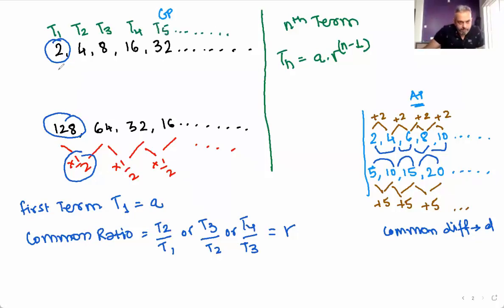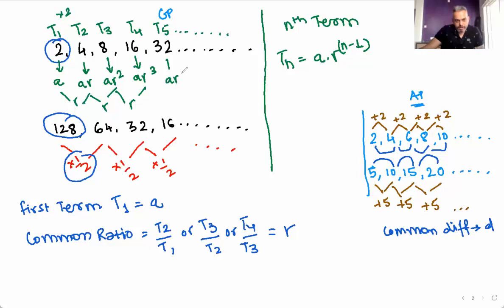Let's say T1 is denoted by A. T2 will be what? We multiplied it with 2, we got 4. So A into R. T3 will be what? A into R square, AR into R. This is A into R. This is AR into R. This is AR cube. So AR square into R. And this will be AR raised to 4.